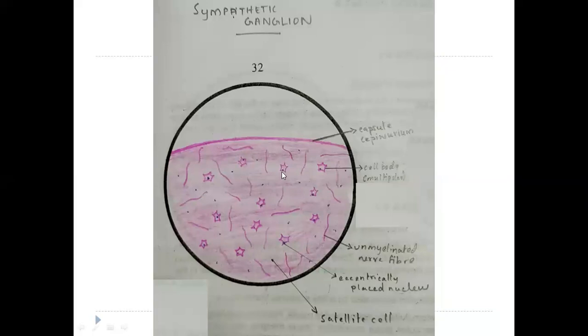The nucleus is eccentric, present at one side. The neurons are present scattered throughout the ganglia. The nerve fibers are also present in between the neurons. It is not organized. And you draw the satellite cells scattered in between the neurons, and they're few in number.